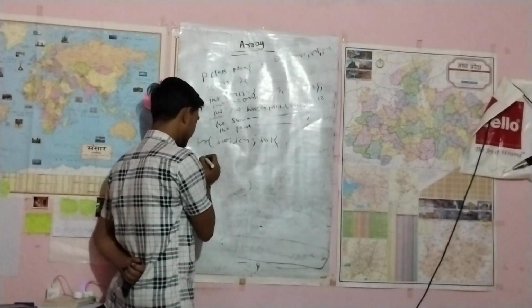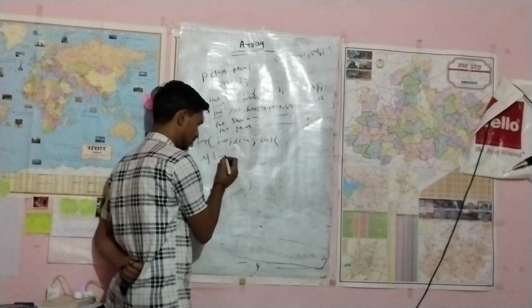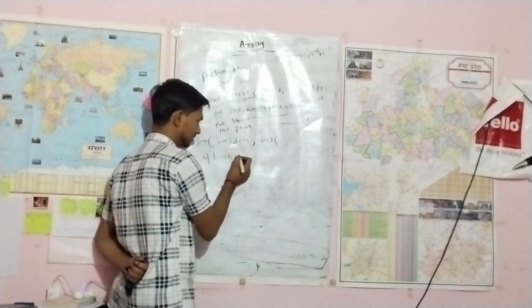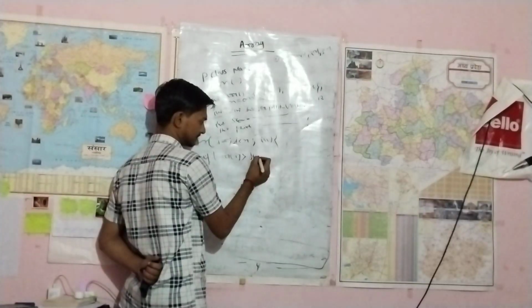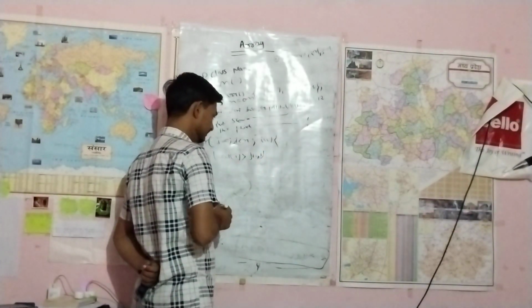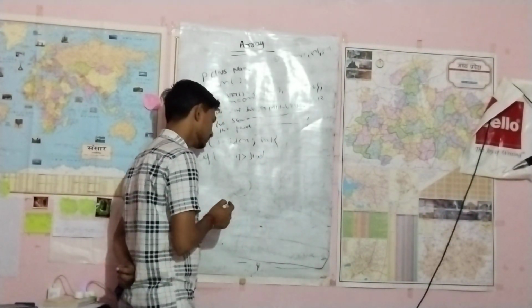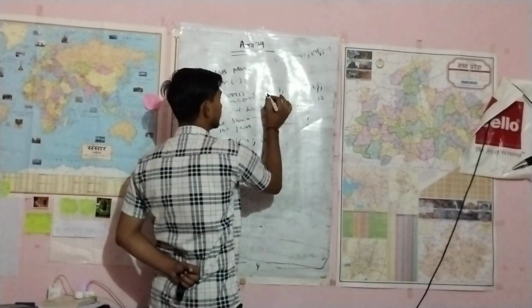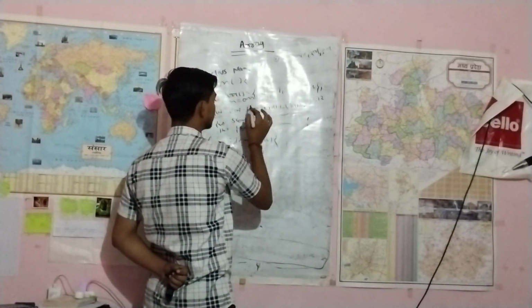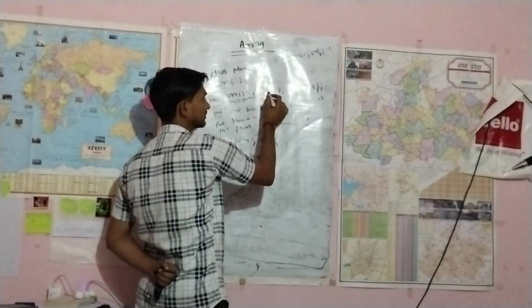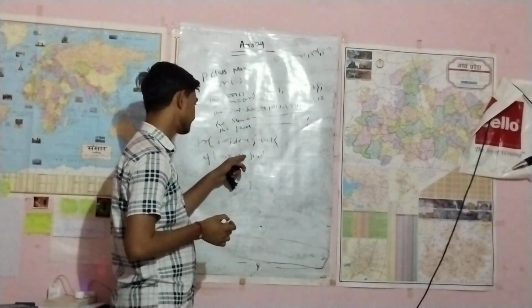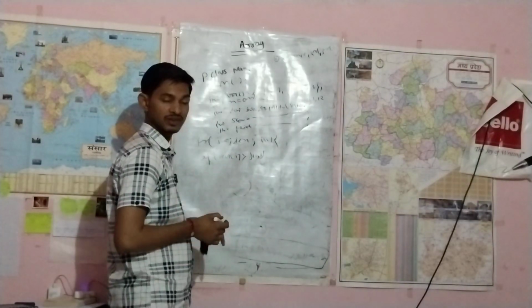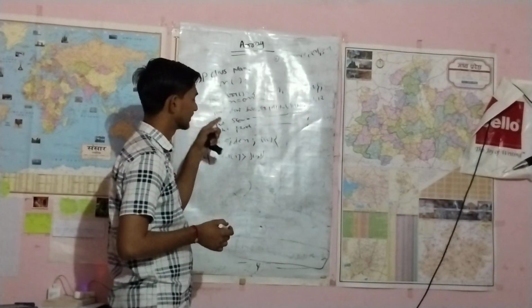So you will simply check here: is any value array of i greater than first max? It means you reached here and you have put the lowest value, and you will say here 7, which is greater than the first value that you have put, first, second, third and fourth.